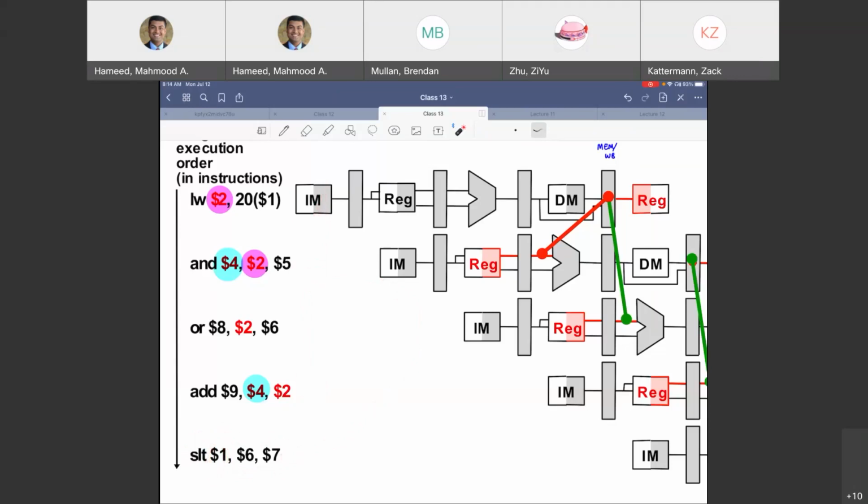If you have a complex, better compiler which can do this rearranging of code without changing anything, you could move this up and move everything down by 1, solving all the problems. So the load use data hazard, or any data hazard that you may have, one way to solve that is in software, by the compiler rearranging the code for you.